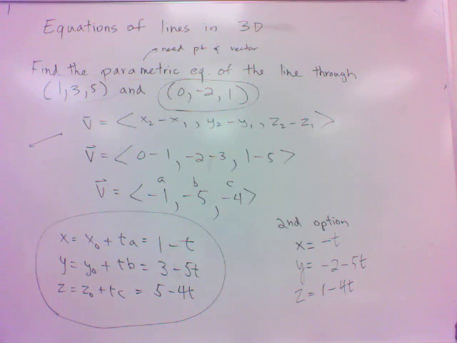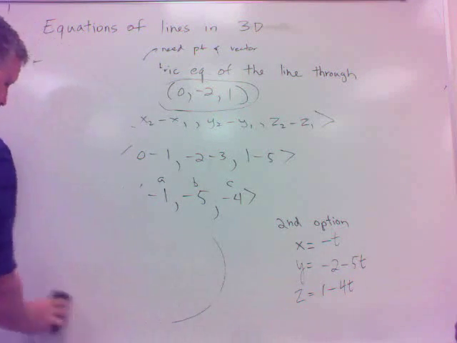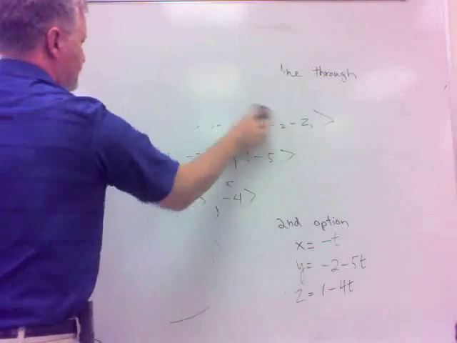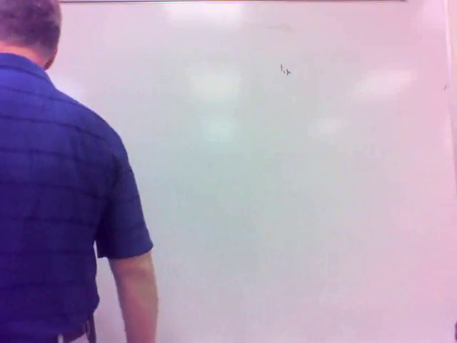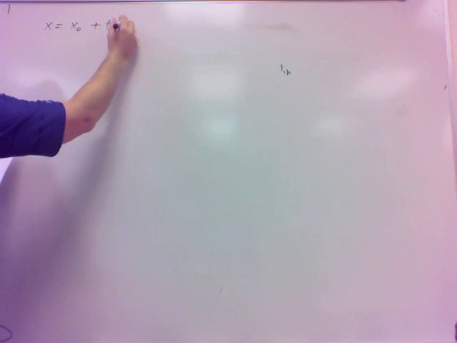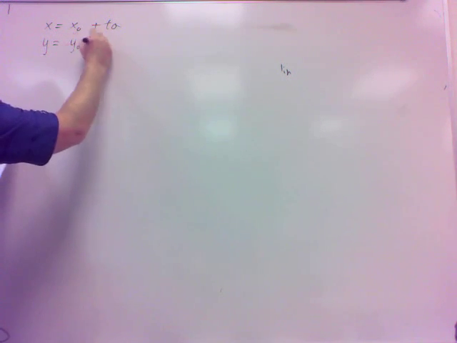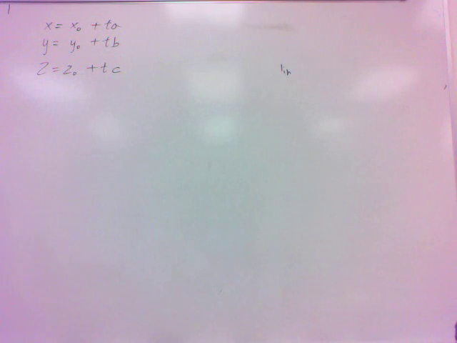Now we did the parametric equation, we did the vector equation. There's also a third option that sometimes is helpful here. All right, so we've got x equals x0 plus ta, y equals y0 plus tb, z equals z0 plus tc. If we solve each one of those for t, what do we get?